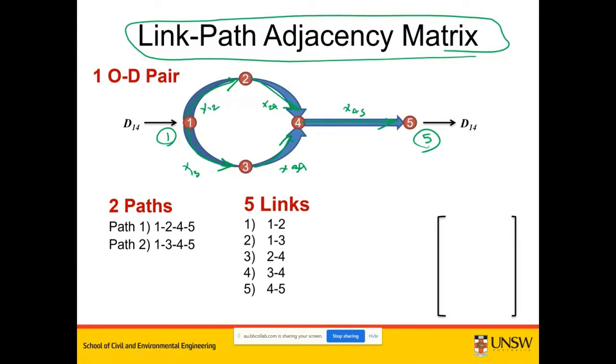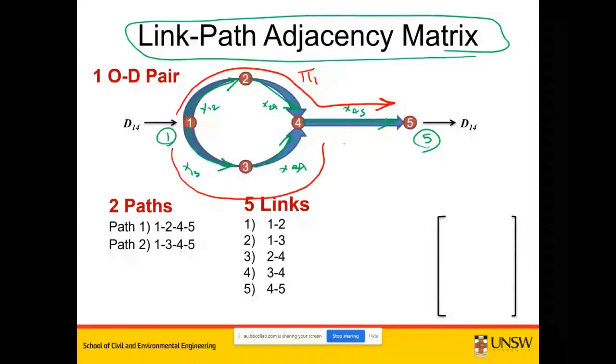So if I go with red, I have this path, path 1, and I have this path, a small pi, path 2, right? So now, how can we form a matrix that can tell me which links belong to what paths?